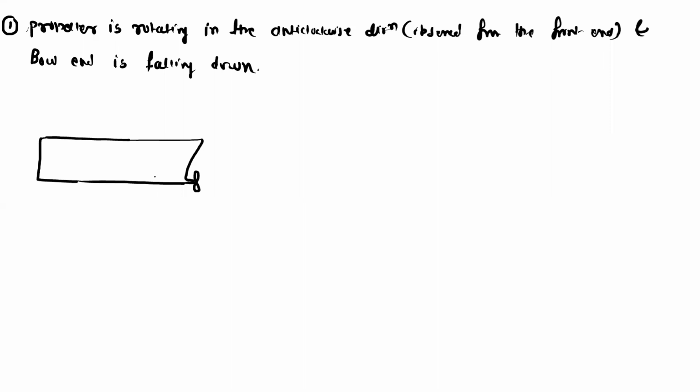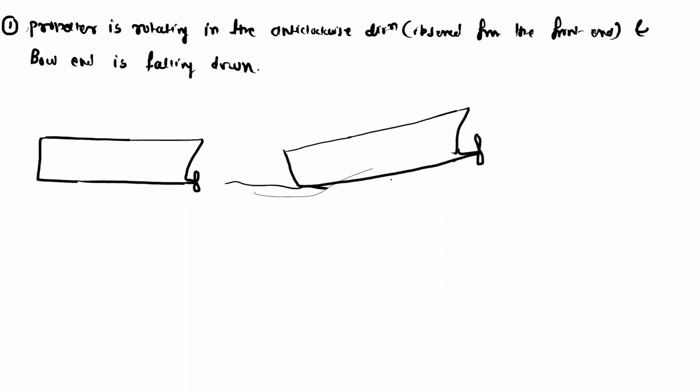this is the stable position of the ship, and because of the wave impact, the ship is already tilted in this direction. This is the water level.